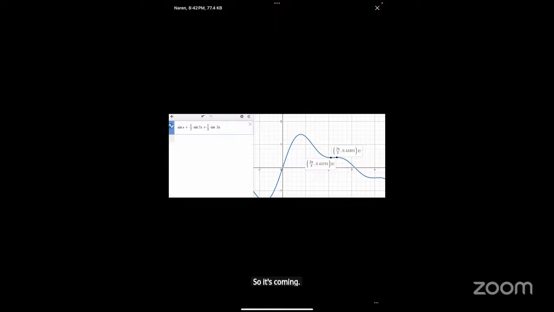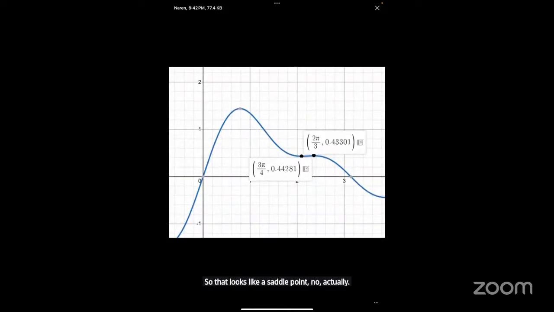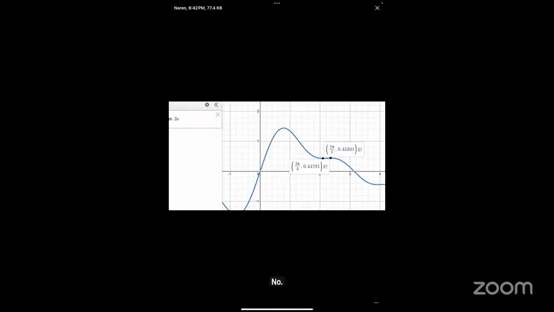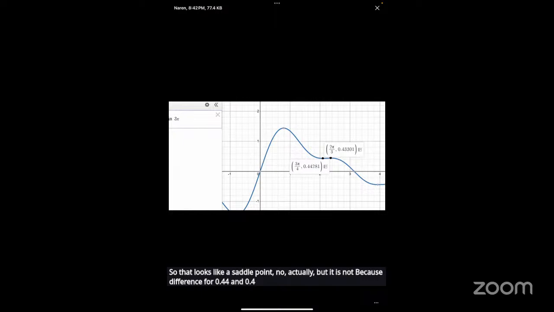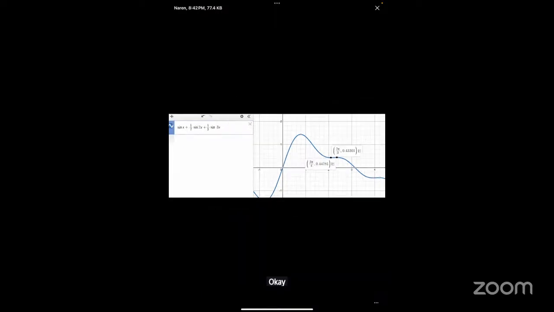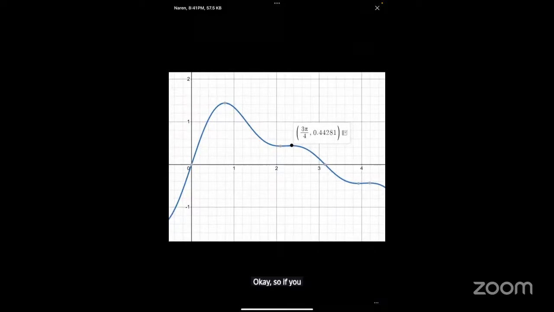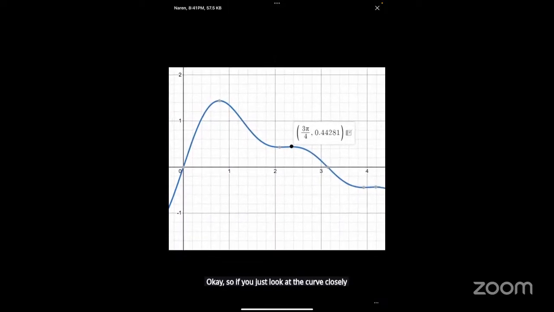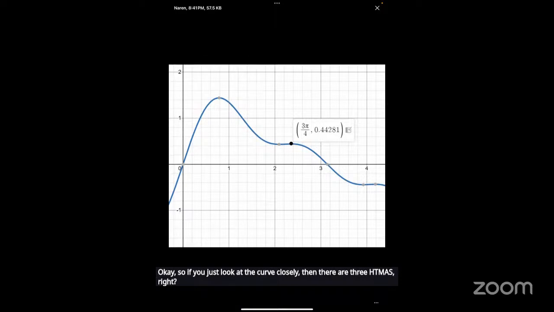Okay. Those points we are talking about, 2 by 3 pi, 3 by 4 pi, I just made it there. So that looks like a saddle point actually, but it is not, because there is a difference: 0.44 and 0.433, it is becoming smaller. If you look at the curve closely, then there are 3 extrema, right?